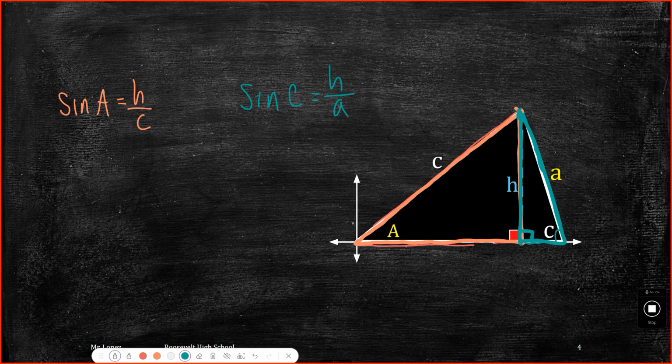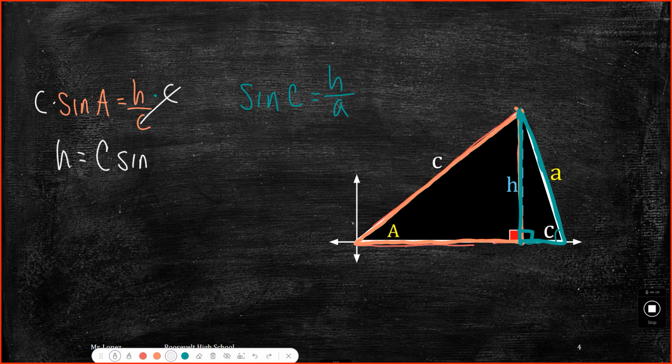What is it that they have in common, these two equations? H. They both have H in common. So what I'm going to do is solve for H here, by multiplying by C. Both sides cancel. So H equals capital C times sine of angle A. It's not capital C, my bad.